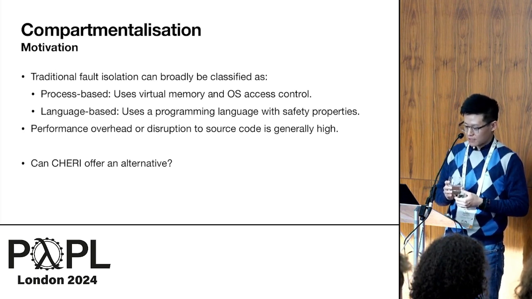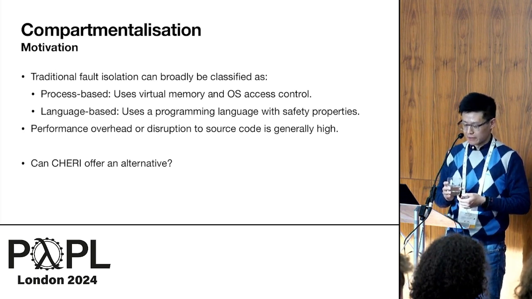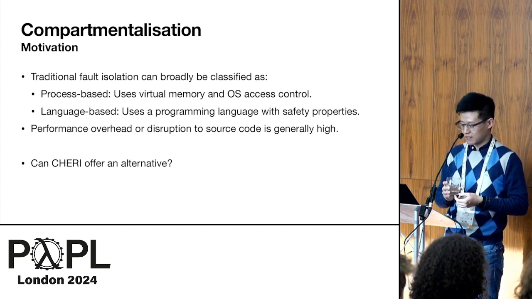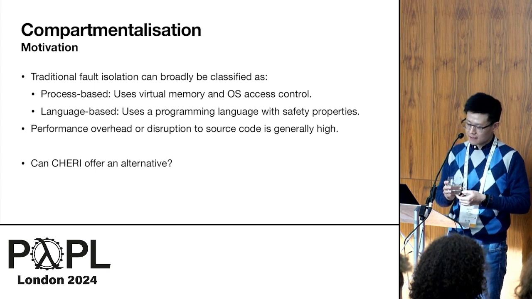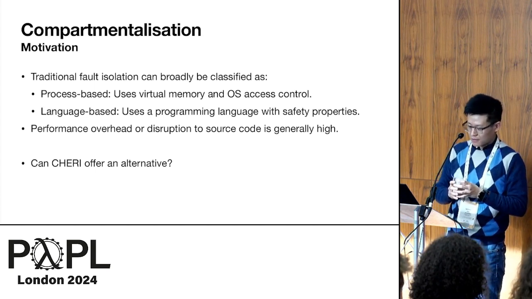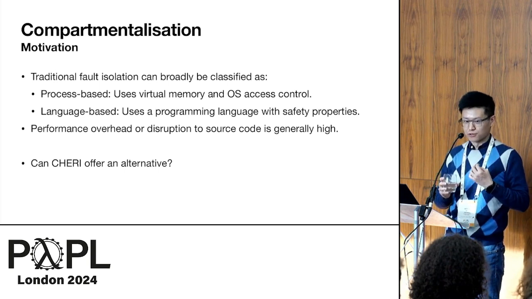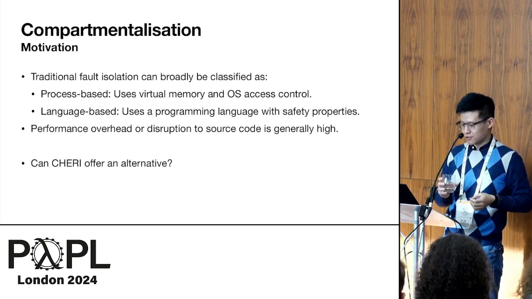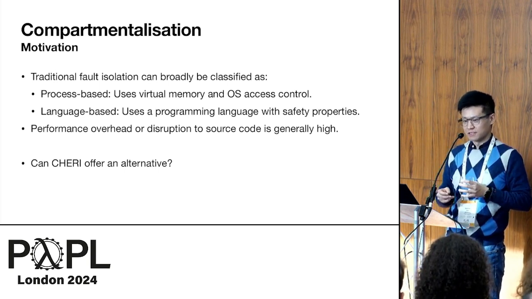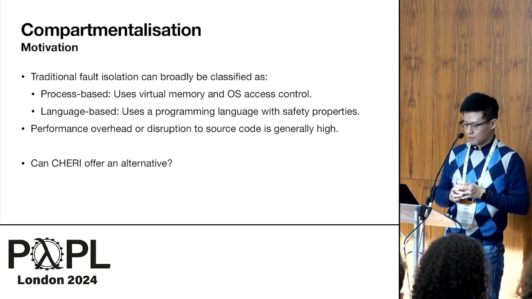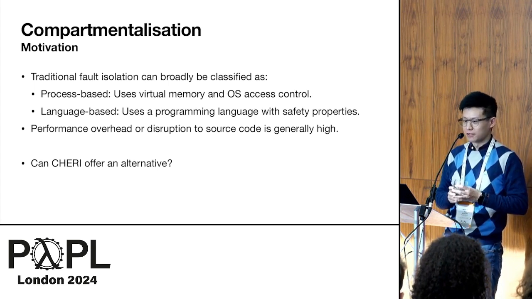And there are language-based solutions that use a programming language with well-defined safety properties, like WebAssembly, for example. Now, all of these solutions have performance overhead or disruption to source code, which might hinder adoption. So our question is, can CHERI offer an alternative?